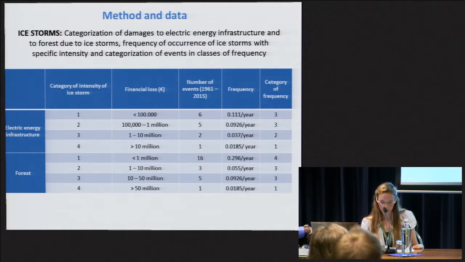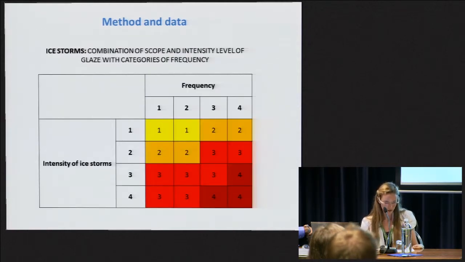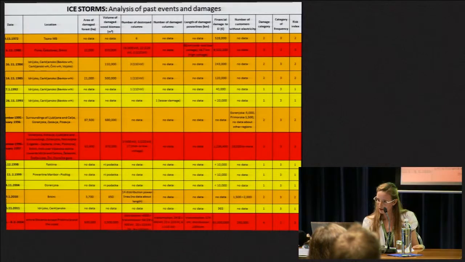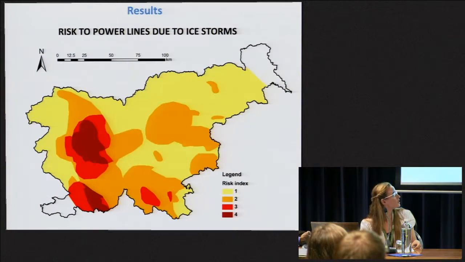Then intensity and frequency of each event were combined, as shown in this table. And also here you can see this in the last 3 columns of the table. So the drawn events were overlaid one atop another, and that's how we obtained the final result, which is a risk map.